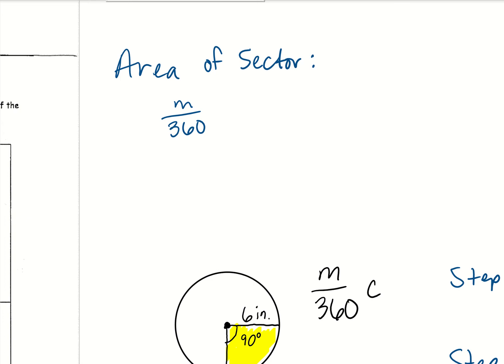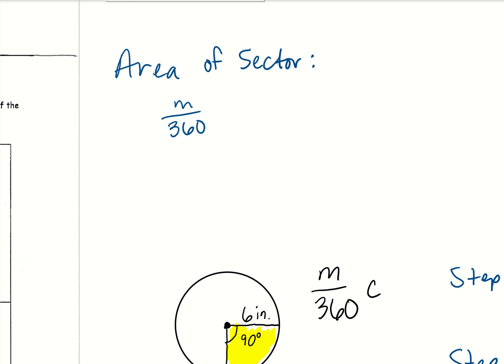This time, instead of finding arc length, which is directly related to our circumference, we're going to be finding the area of a sector, which is directly related to the area of the entire circle. So instead of using circumference, we're just going to use the area.